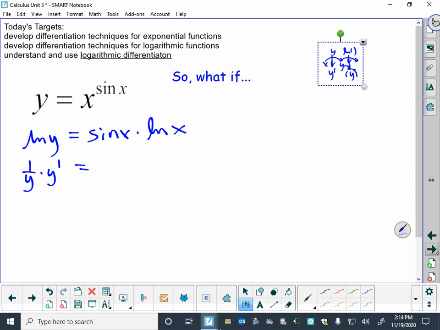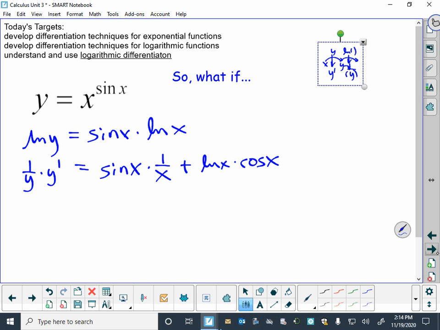Over here now I have created a product rule that I need to do. So for the product rule it's the first times the derivative of the second. Derivative of natural log x is just 1 over x, plus the second times the derivative of the first, which is going to be cosine. But I want this to say y prime.